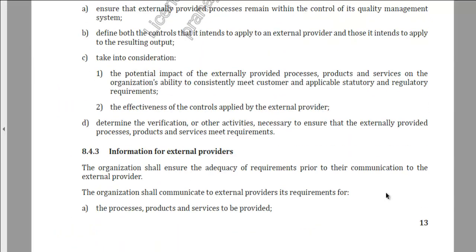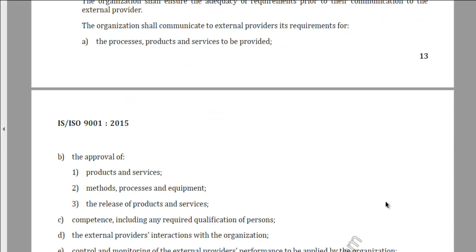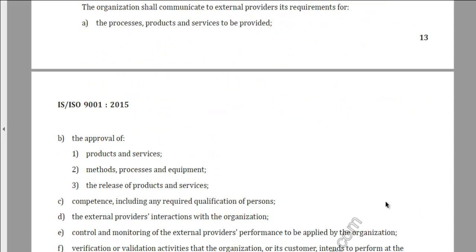So in keeping with 8.4.2, whatever we wanted to achieve through 8.4.2 is now mandated as a communication need for the company towards its external provider. The organization must communicate what it needs from the external provider, what the approval processes will be for products and services, methods, processes and equipment, and release of products and services.